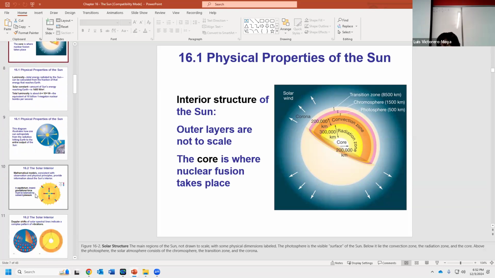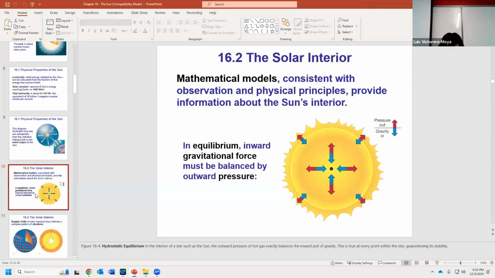Why is the sun in equilibrium? Well, any star that you see in the night sky is in equilibrium. We call it hydrostatic equilibrium because there's an equilibrium between the gravitational pull of the sun itself and the outward pressure from the nuclear fusion happening in the core.